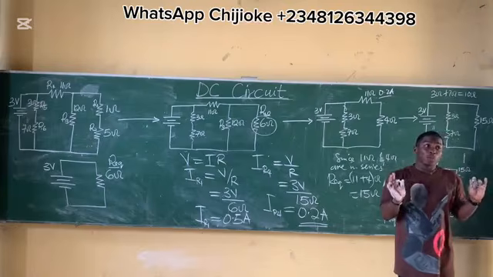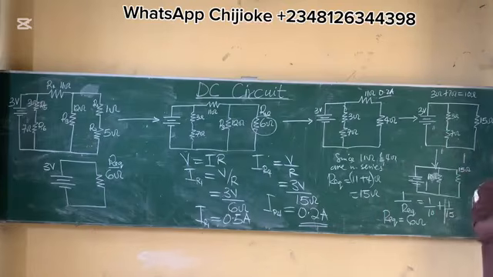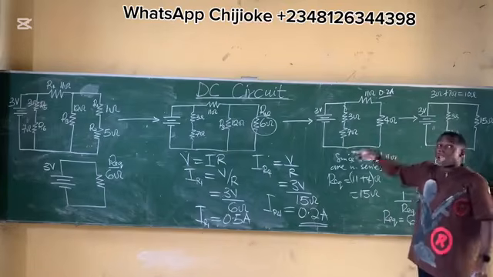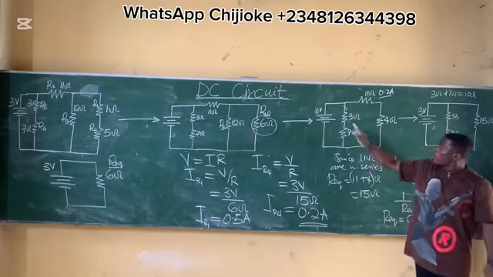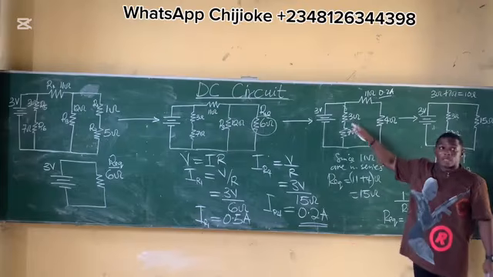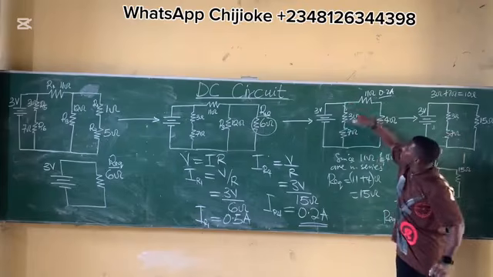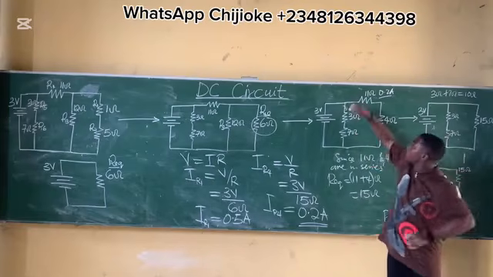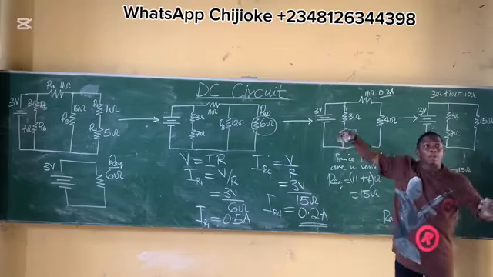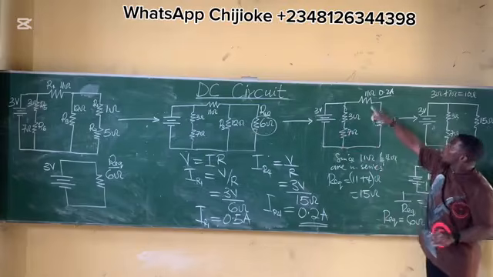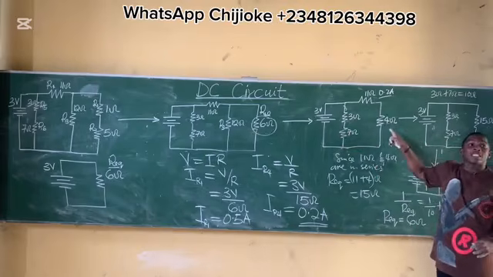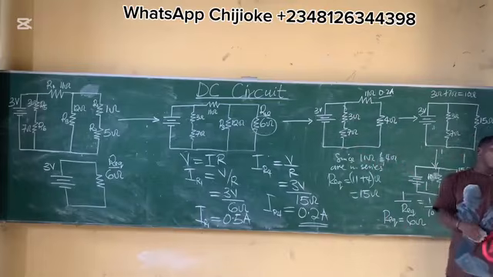Don't get it confused. If you make a mistake in building the circuit, 3 ohms and 7 ohms are in series, and their series equivalent will not be in parallel. The equivalent resistance between 3 and 7 is in parallel because it's connected from one terminal to the other in between. But this one and this one are in series. Ask.